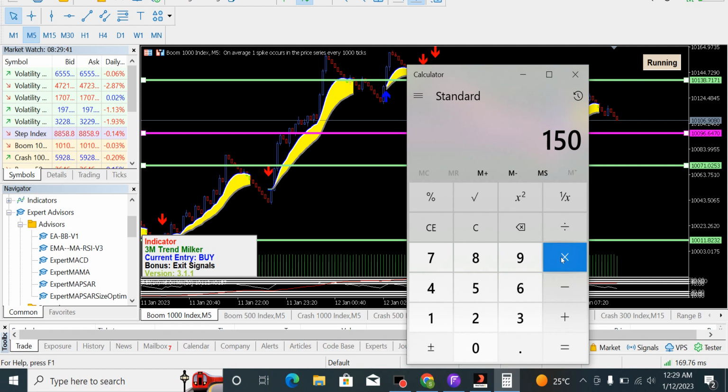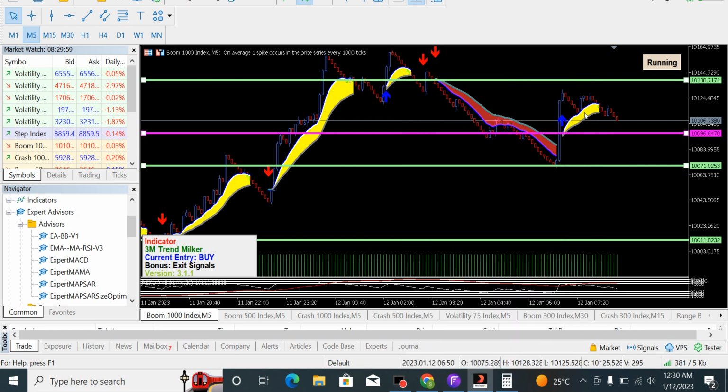Now let's say we are making 10 cents per minute, okay. I'm just using that as an example, but let's say we are making 10 cents per minute times 0.1, okay. That's 10 cents, okay. That will be giving you $15 at that particular point, which is a good amount of money, okay. You can see here is a major pullback.